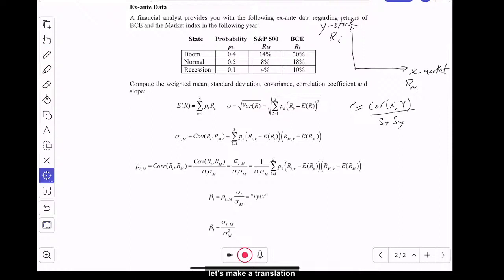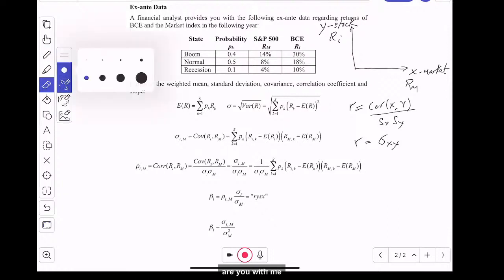But now let's make a translation. Let's go from the correlation for historical data. Now let's do it for ex ante. For ex ante, I would write it as, I'm going to use the Greek letters, and this would be covariance.